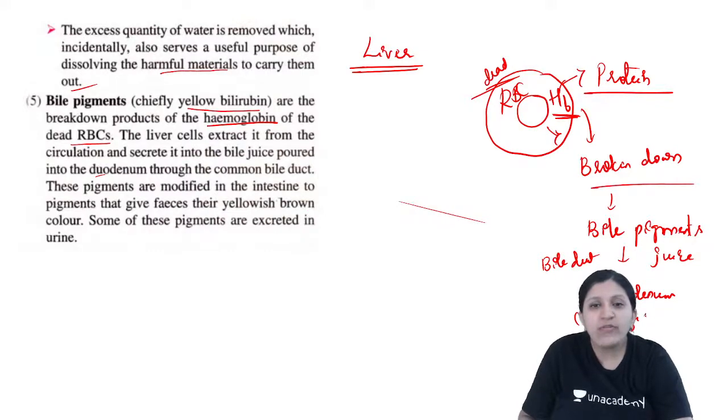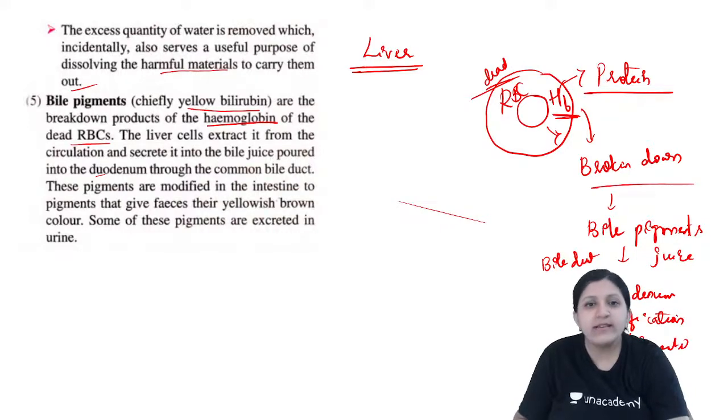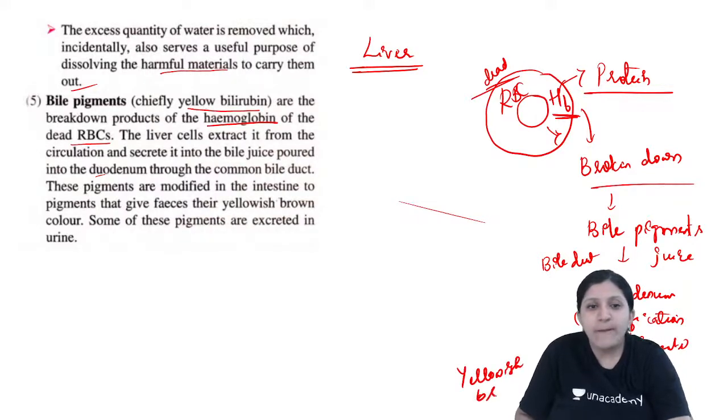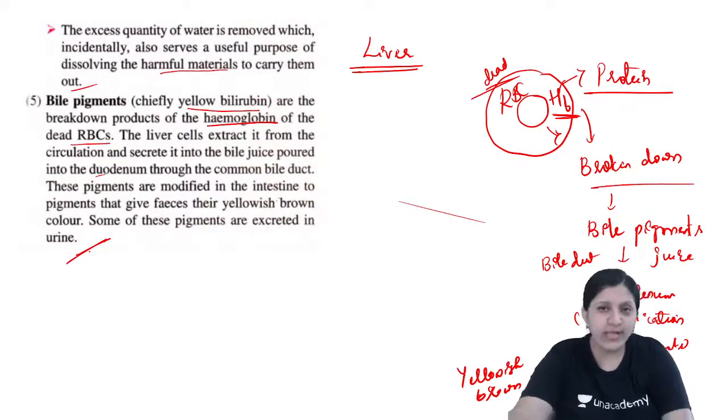This is modification of the bile pigments in the intestine, and that is going to give the fecal material its yellowish-brown coloration. That is mainly because of the breakdown product of hemoglobin. Some of these pigments are also excreted in the urine, so some amount can go through the urine as well.